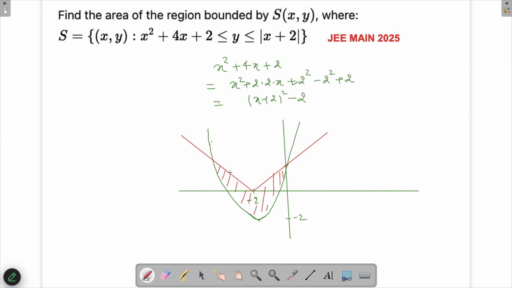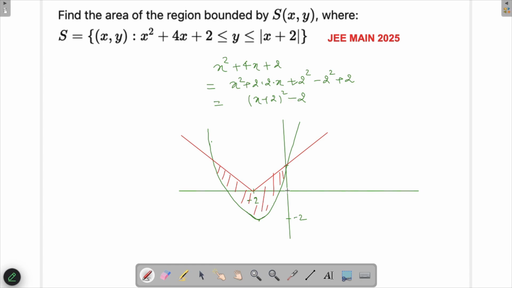If we are trying to find this area, at times we are confused as to which one to take, positive and negative. But if we translate this figure somewhat to the first quadrant, it becomes easier. So let's translate this entire figure to the right and then up. If I translate this figure 2 units to the right, I will be coming over here.